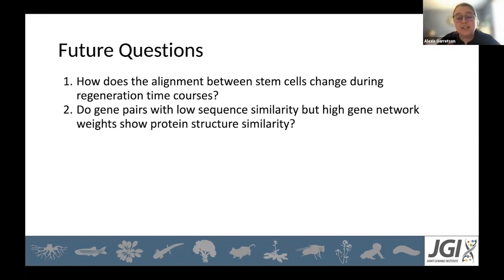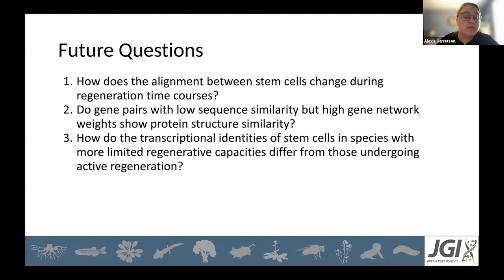We're also interested in looking more at some of these gene pairs that don't have very high sequence similarity or orthology, and at the function and structure of these genes to see how they might be playing a role in connecting these features. And we've looked largely at species with at least some regenerative capacity, so we're interested in expanding our taxonomic breadth to look at species with more limited regenerative capacities.